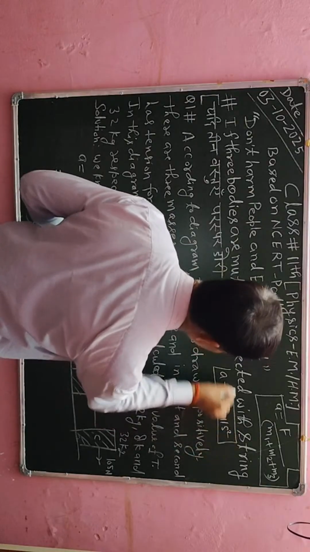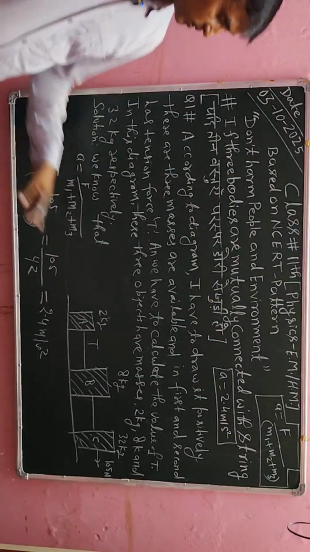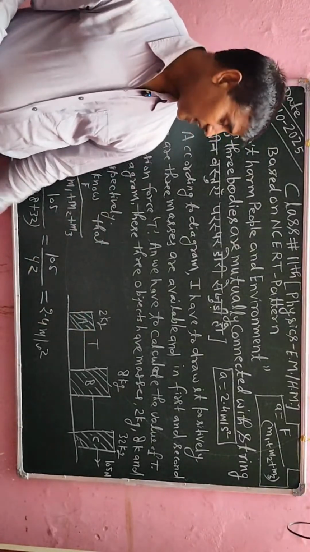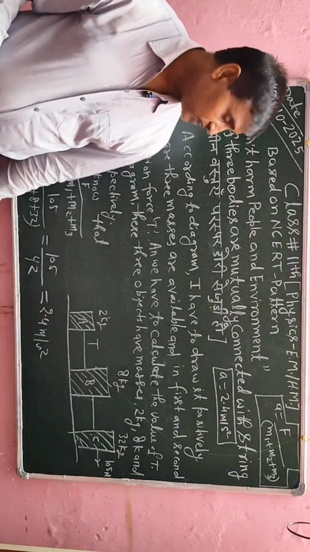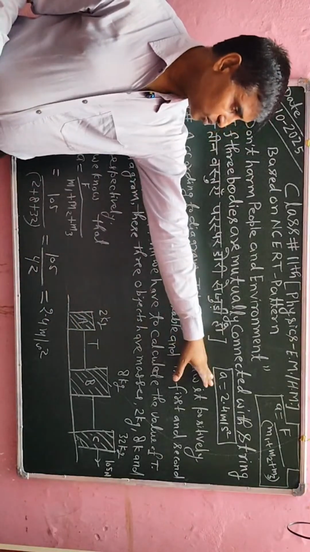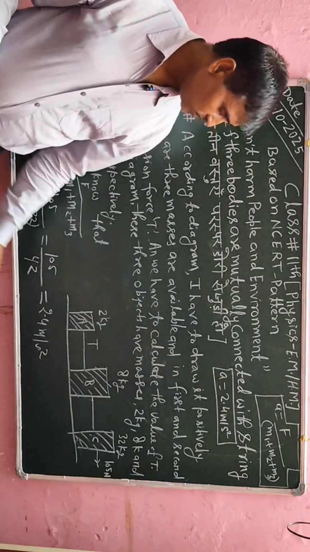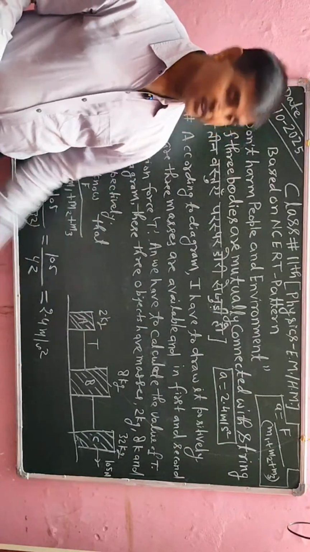In this question, now further I have to get the value of T. So according to Newton's second law of motion, T is equal to 2 into a. Now the value of a I have calculated here: a is equal to 2.5 meter per second square. So I will substitute there, and after substituting I will get its value.